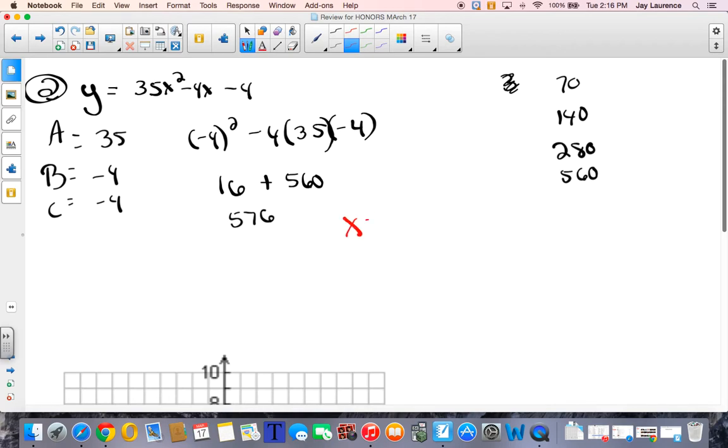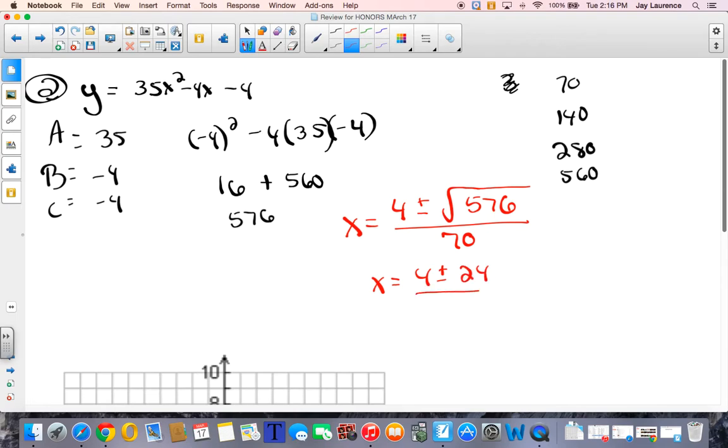So I'm going to go x equals the negative of b plus or minus the square root of the discriminant all over 2a. And so then x is going to equal 4 plus or minus 24 over 70. And so I'm going to get 28 over 70, right?